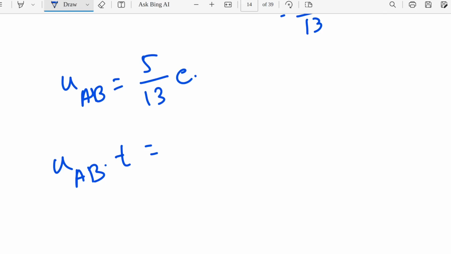So this one is 5 by 13 into C into T. So this is the distance.